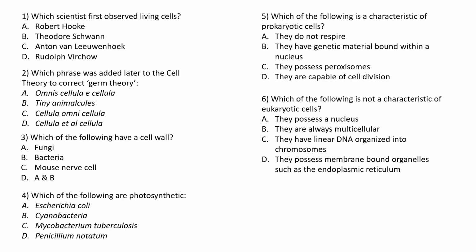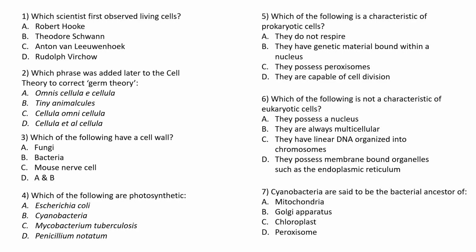My bad. They can be single celled as well. We know many single cell, like the amoeba is a eukaryotic cell that is single cellular. But they have linear DNA that's organized into chromosomes. That's absolutely correct. That is a characteristic, and they possess membrane-bound organelles, like I had mentioned earlier. So yeah, sorry, I got distracted.